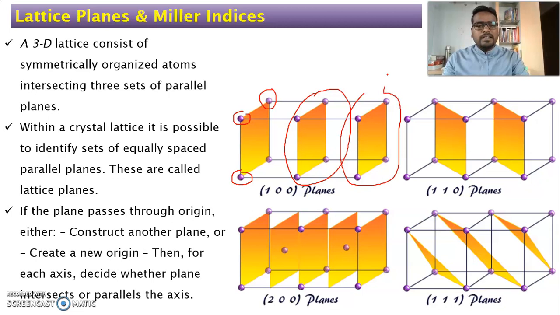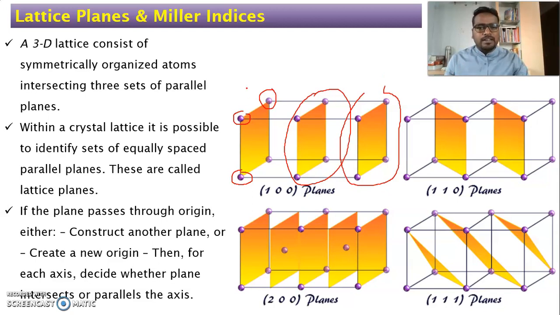And these crystalline planes sometimes pass through different axes, and they can construct a new origin or a new plane, which is parallel to an axis or diagonal to an axis. So there are n number of possibilities. In various types they form planes.